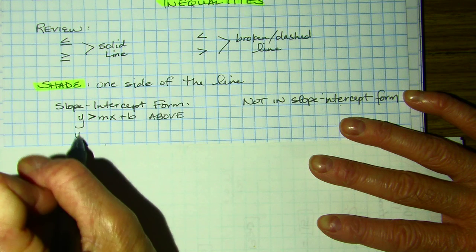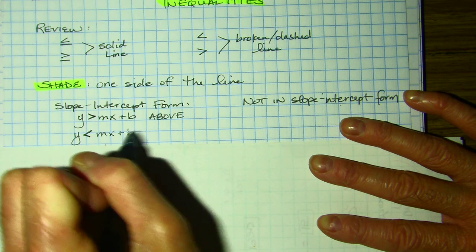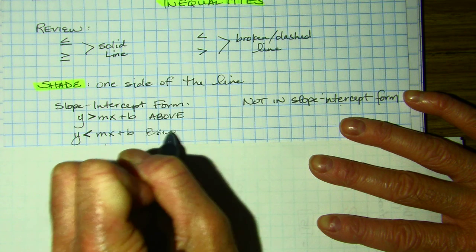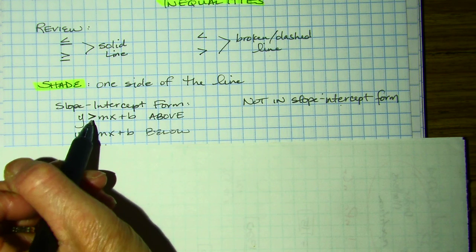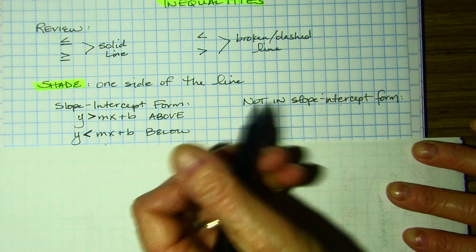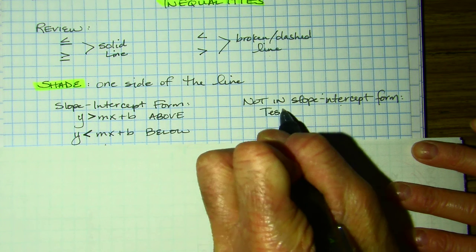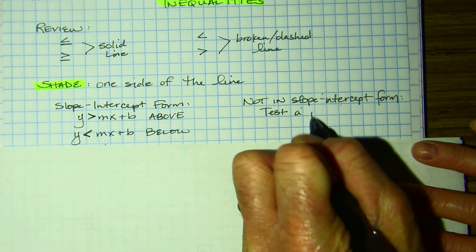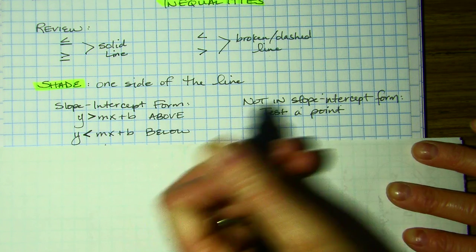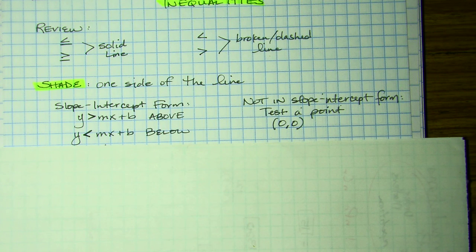If I have any kind of less than symbol, mx plus b, then I would shade below. Above, greater; below, less than. If it's not in slope-intercept form, or it goes through the origin, then I'm going to test a point. For example, the best point to test is 0, 0. So those are the two ways that I'm going to shade.